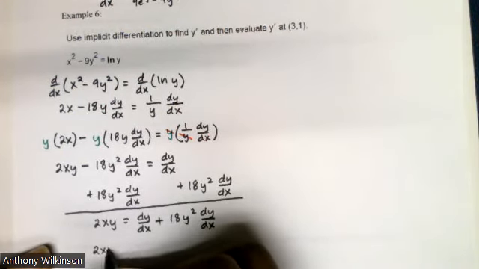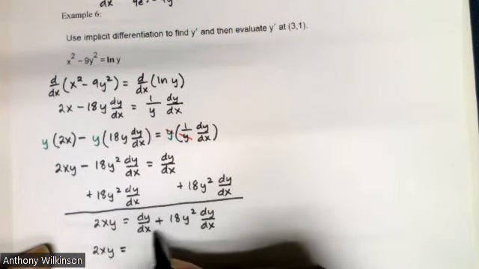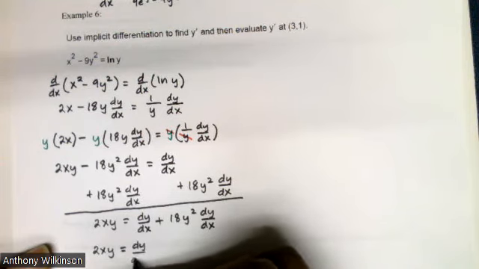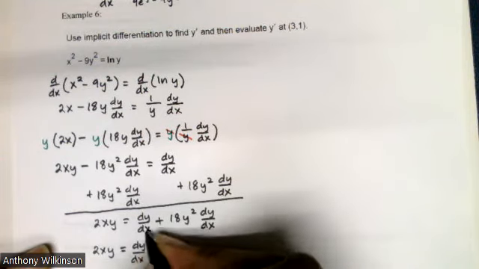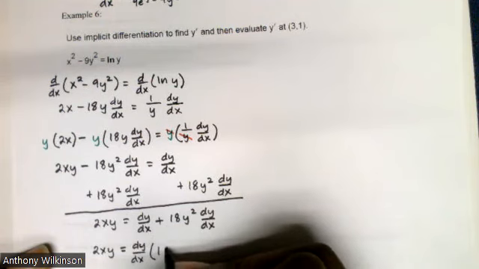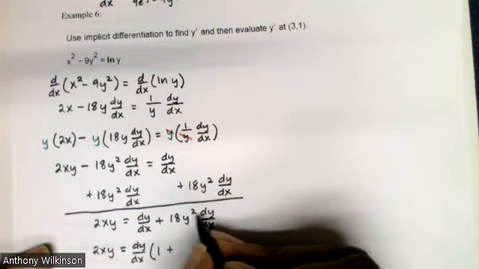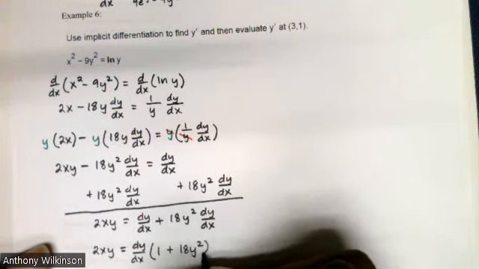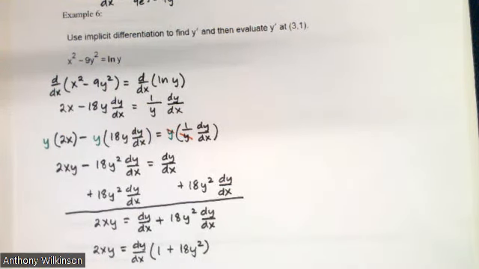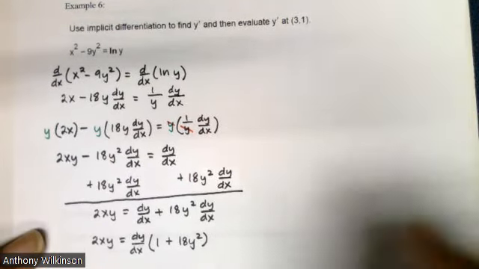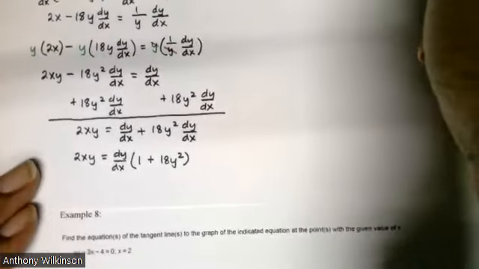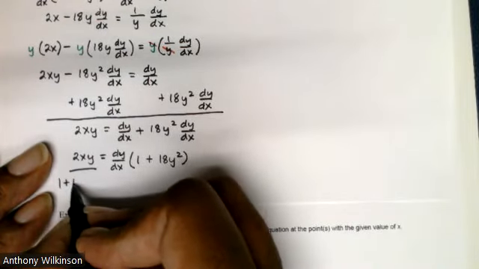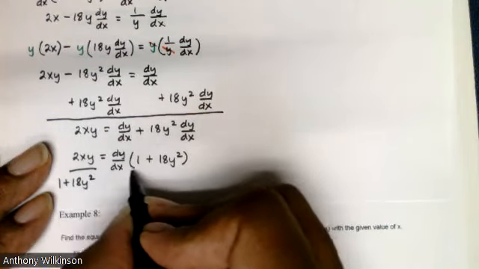Now, if I factor out the dy dx on both sides, on the right side, dy dx divided by itself will be 1, plus 18y squared dy dx divided by dy dx will be 18y squared. So I have 2xy is equal to dy dx times the quantity 1 plus 18y squared. And I'll go ahead and divide both sides of this equation by 1 plus 18y squared.